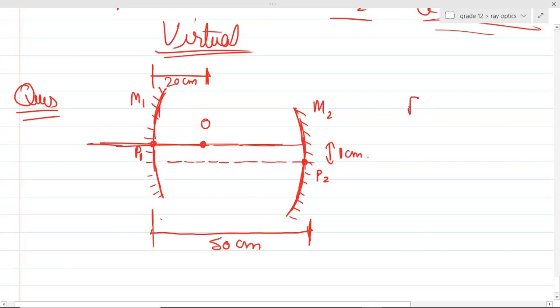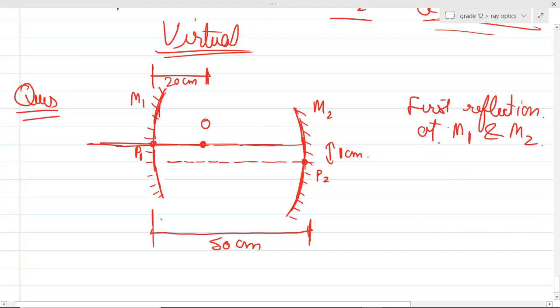Again, first reflection at mirror M1 and then M2.